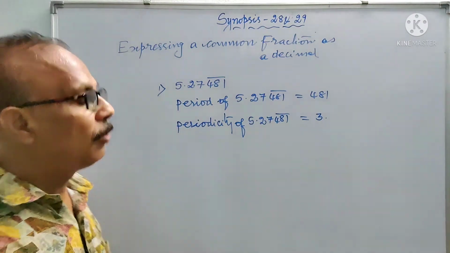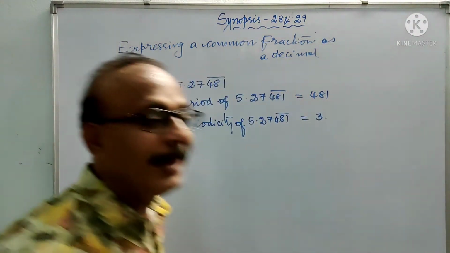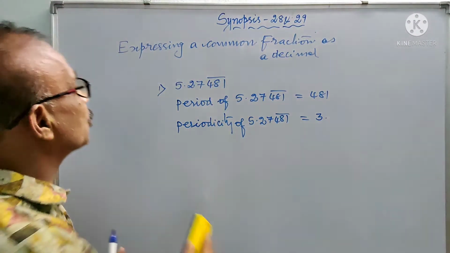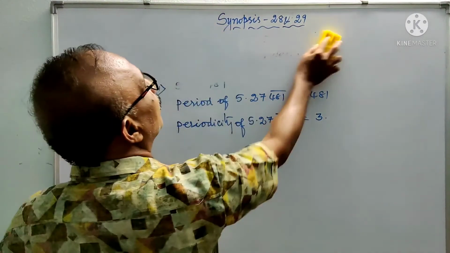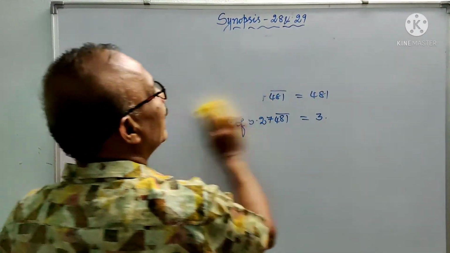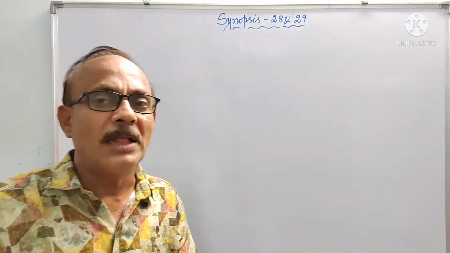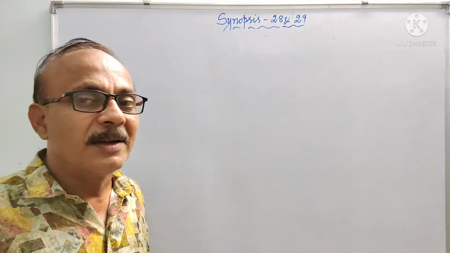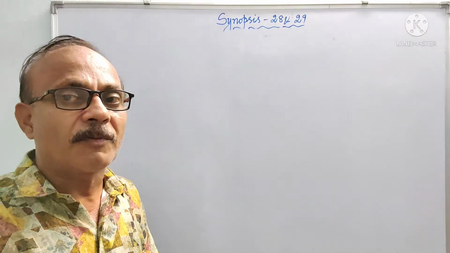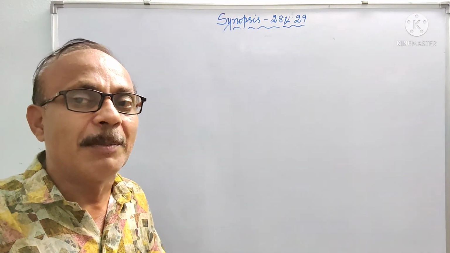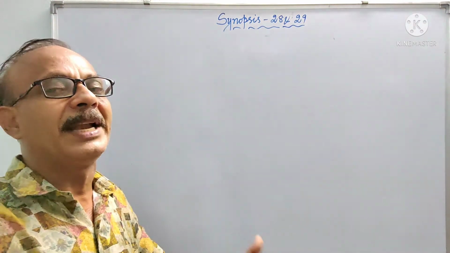Okay, so this is how we convert a common fraction into a decimal. Now one more last point: without doing all this, how to check whether a given fraction represents a terminating or non-terminating recurring decimal.